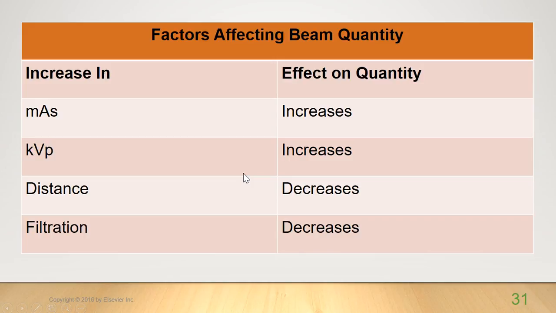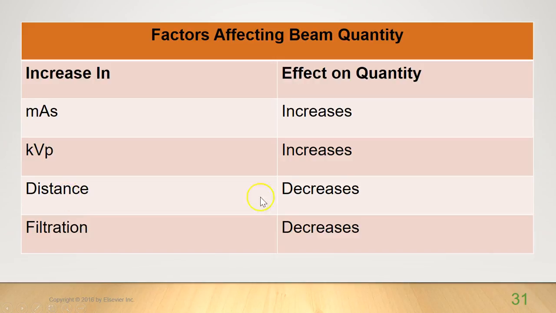Here is a beautiful table that you need to know about, so you can remember this is quantity. If you increase every one of these things: increase mAs, increase quantity. You also need to know how much, directly proportional. Increase in kV, you increase your quantity. This one's your 15% rule.